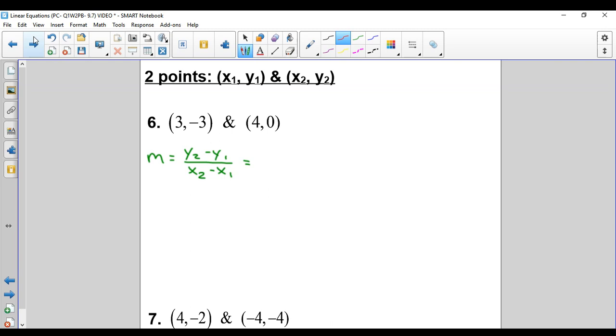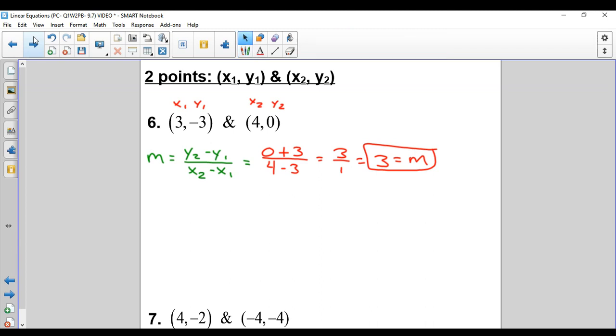I'm going to call this x1, y1, x2, y2. So that'd be 0 minus -3. That turns into a +3. Then I'm going to go 4 minus 3. 3 over 1 is just 3. And that's my slope.